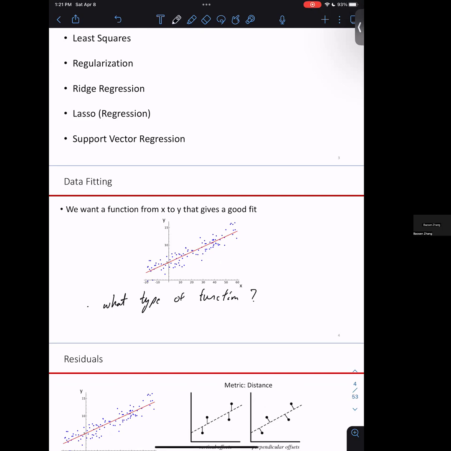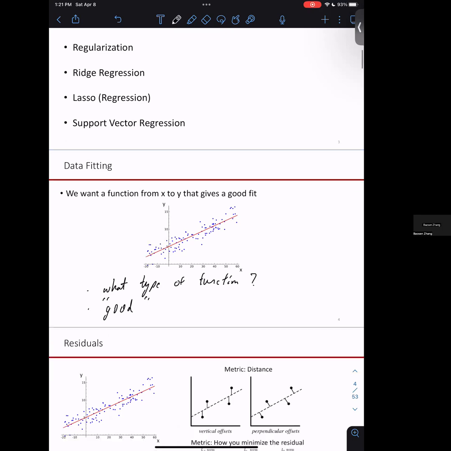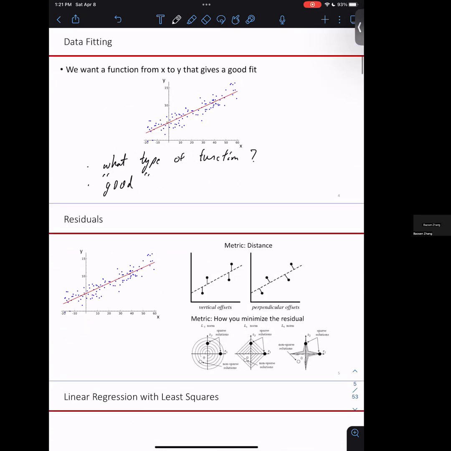Is it polynomial? And second, what exactly does good mean? We want a good fit between x and y, but how do we measure good? The goodness of fit is normally measured through residuals. So you want your fit to have small error, or small residuals.